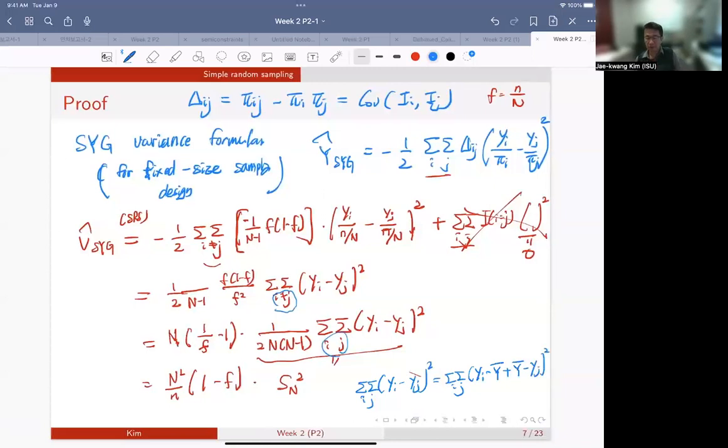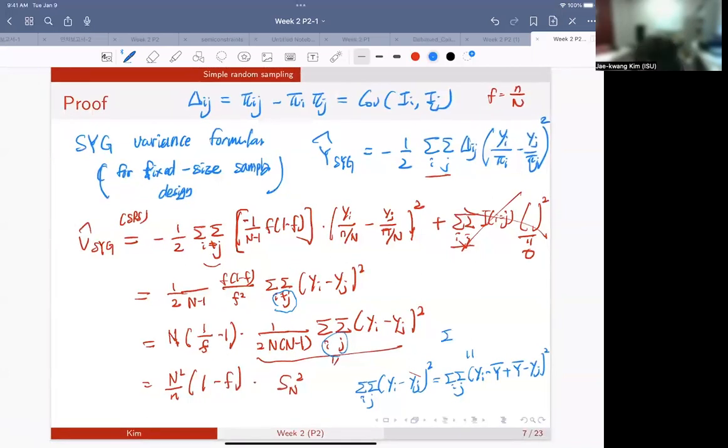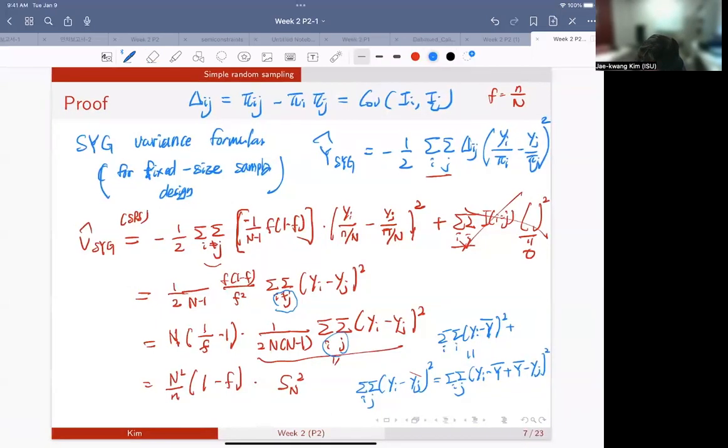You can write it this way: yi minus y bar squared, plus yj minus y bar squared, plus 2 times the cross product.